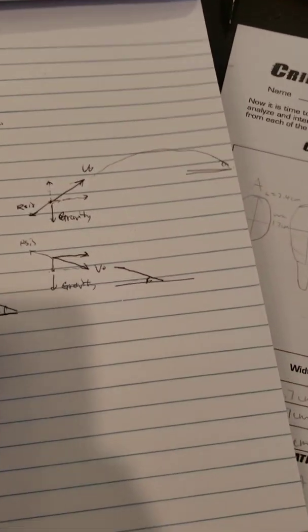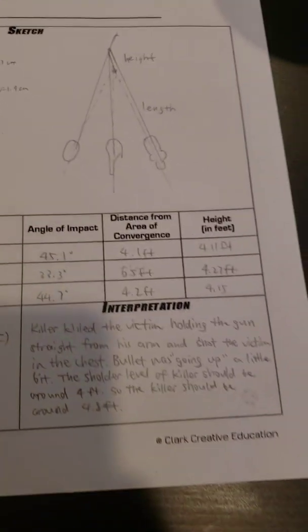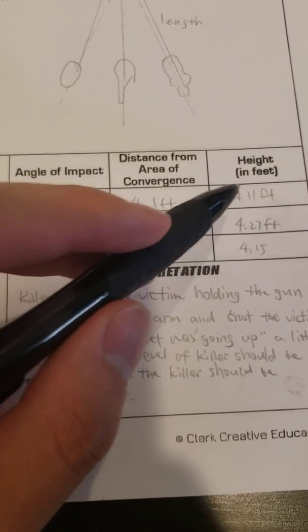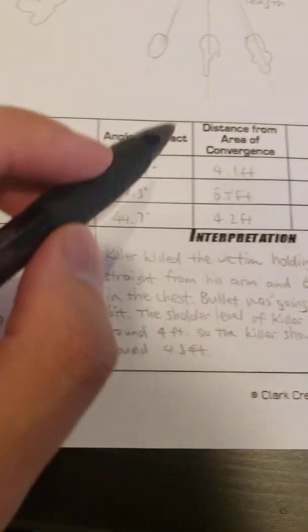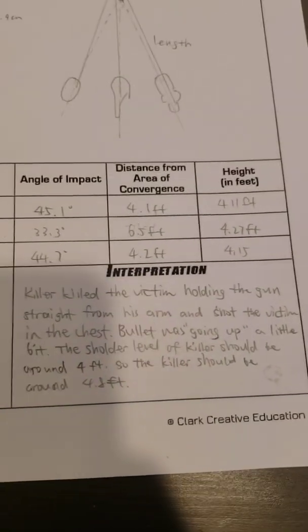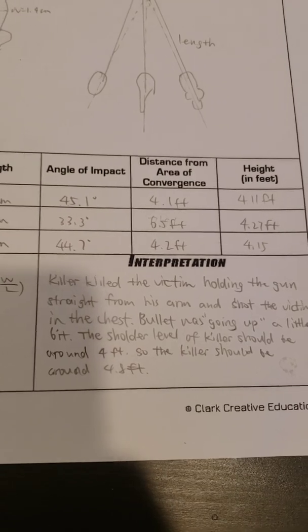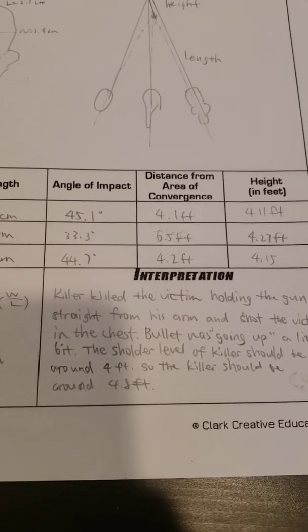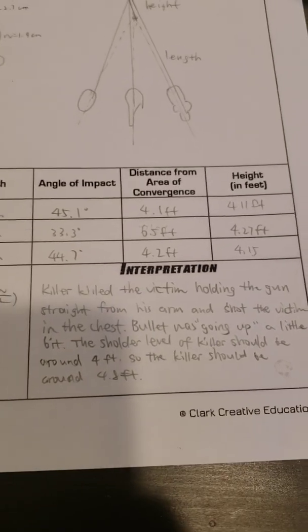And to determine the height of the killer, we have to judge depending on the angle of impact and the height of the impact of convergence. We can assume how tall the killer is, but it's not definite.